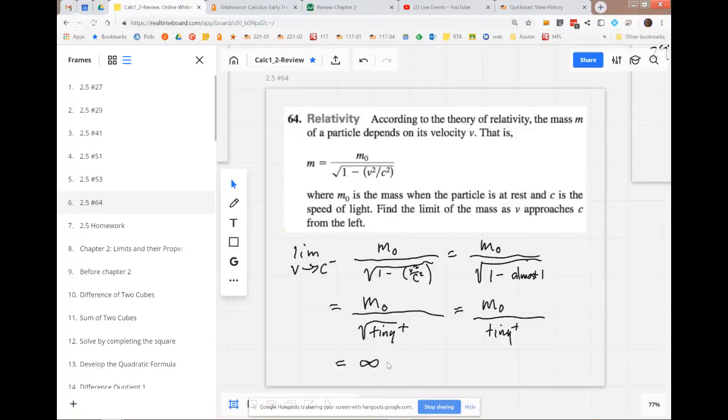Ironically, think about this: what Einstein's theory actually states is if we could approach the speed of light, of course, it doesn't look like we can, but if we could, our mass would become infinite. Maybe that's just a demonstration that we're not going to be able to do it. I don't know. But anyway, that's what 64 looks like.